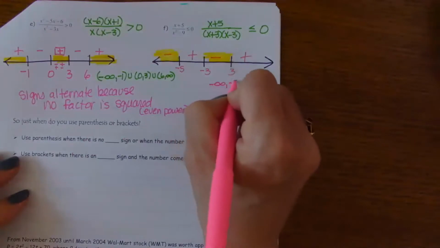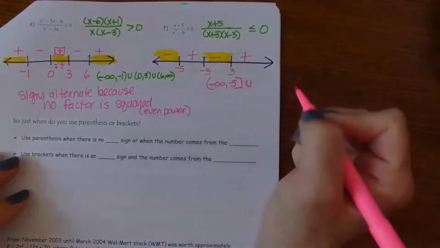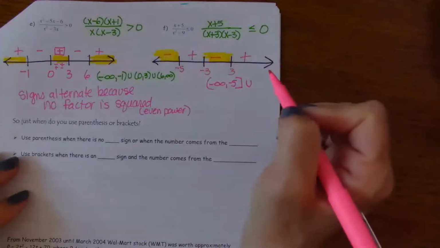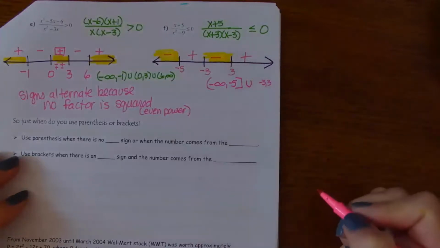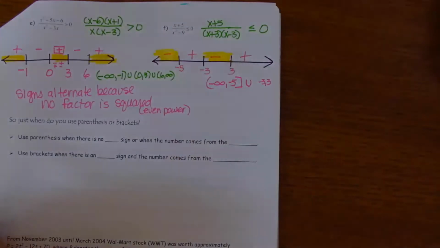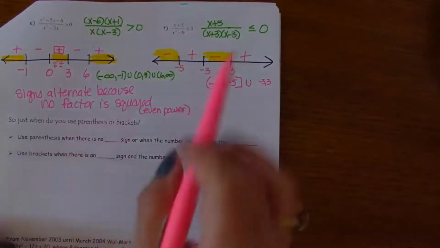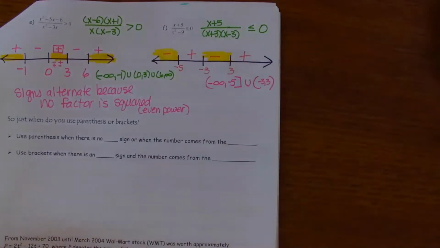Negative infinity to -5. And that 5 is going to have a bracket. But can the -3s have a bracket? Can they? They cannot, because they came from the bottom. We're not allowed to zero that out, even though there's an equal. So we must use parentheses.